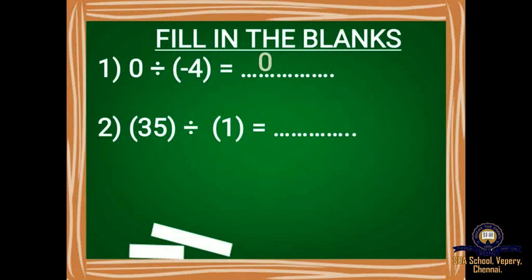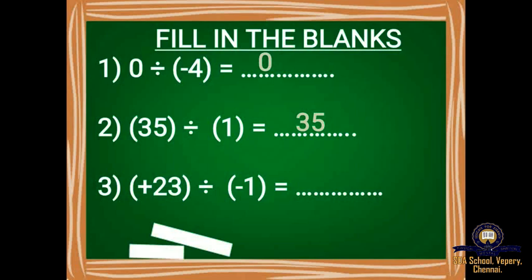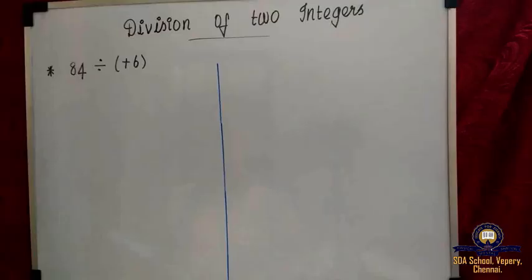An integer divided by 1 is equal to the integer itself. Therefore, 35 divided by 1 is equal to 35. Plus 23 divided by minus 1 is equal to dash. An integer divided by minus 1 is equal to minus the integer itself. Therefore, it is minus 23.